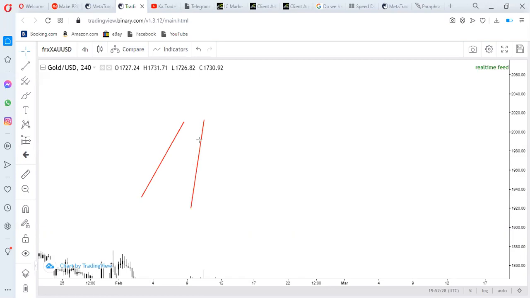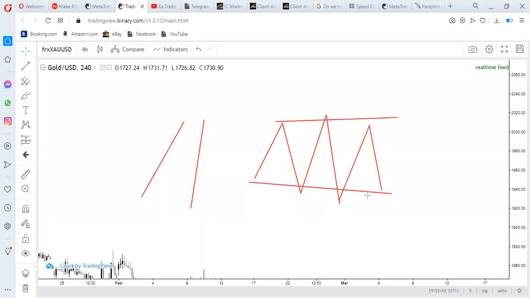We have uptrend, downtrend, and then sideways markets, which give us equal prices. So what you do is find out which market condition your strategy works for. Do you get it?